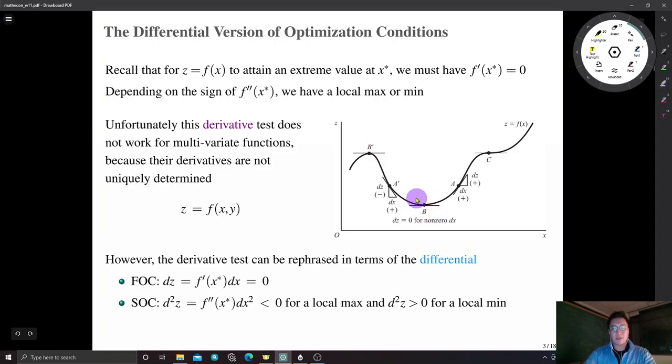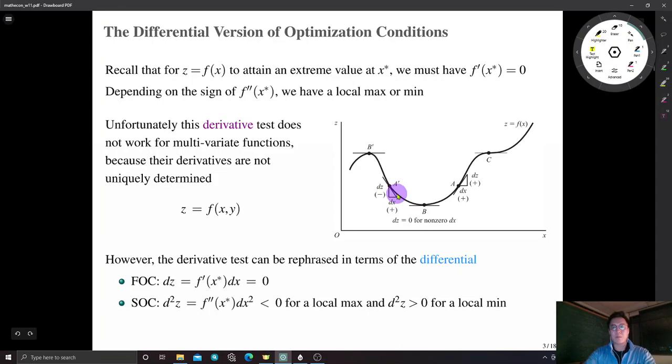At point A, the function is decreasing at this moment, so the derivative is negative. If we increase the value of x, so when dx is positive, the function is decreasing, so this is not a minimum value. And if dx is negative, so we slightly reduce the size of x, the function is increasing, so it's not a local maximum either.